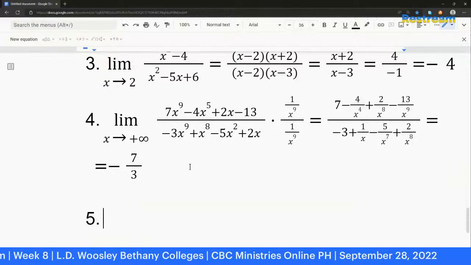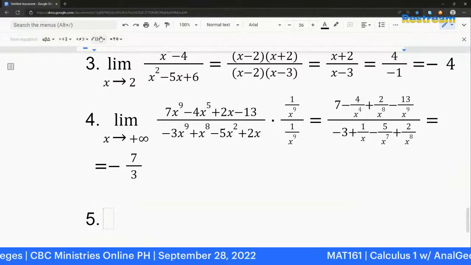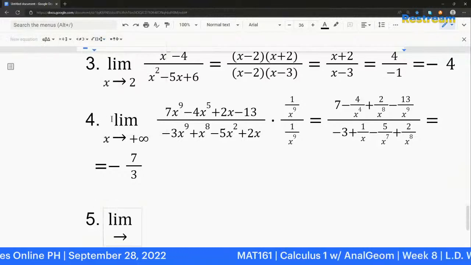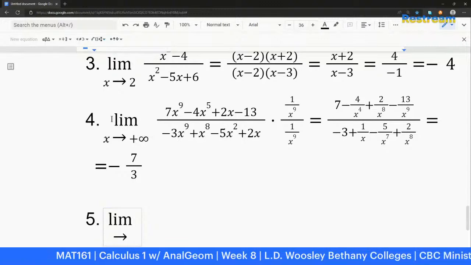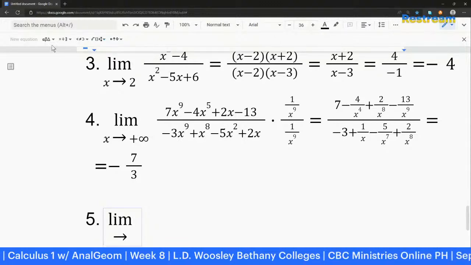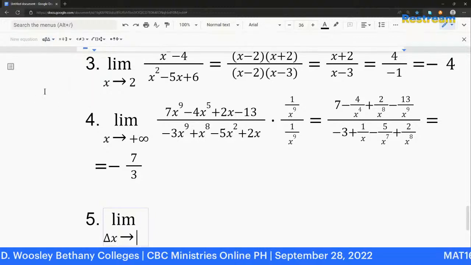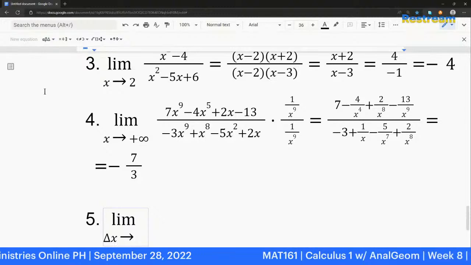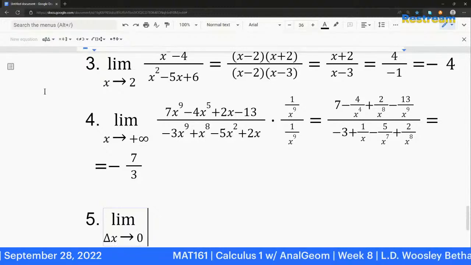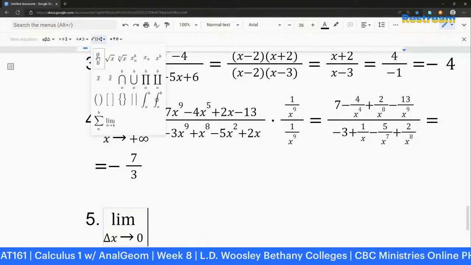Okay. What if ganito naman yung problema? So, limit of delta x. Balik tayo kay delta x. Limit of that function as delta x approaching 0. Madali na to, kayang-kaya nyo na to.